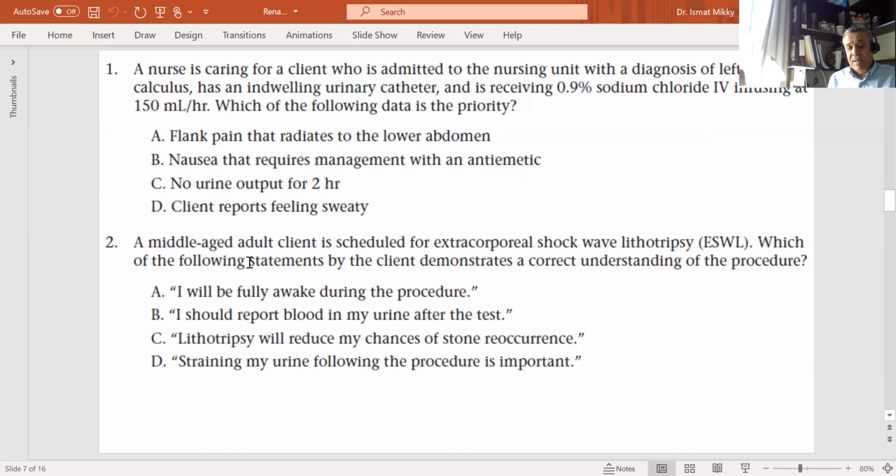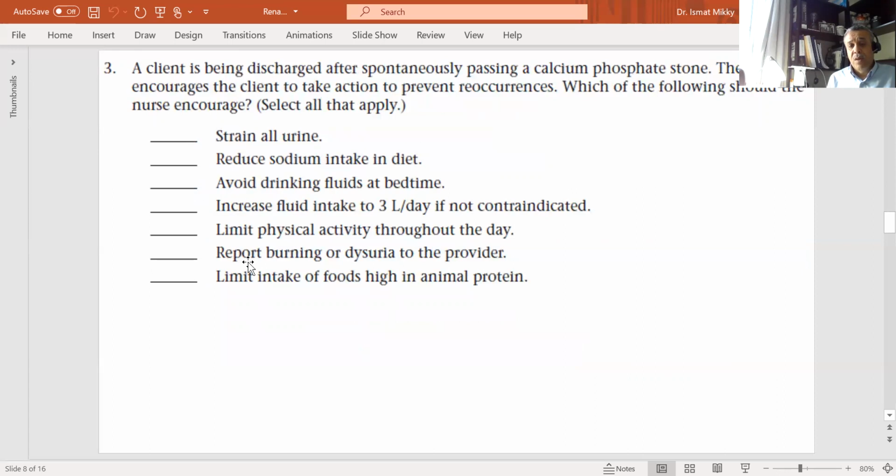The hematuria is an expected finding, and the lithotripsy just breaks down the stone into small fragments that can pass through the urethra. The lithotripsy doesn't reduce the risk of stone recurrence.